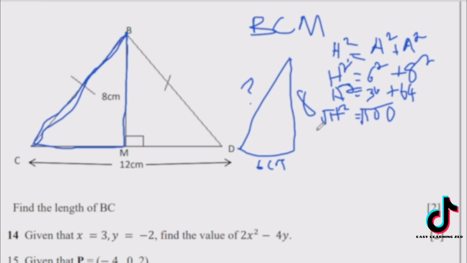Then when we do that, h squared gives us h. Then the square root of 100 is 10. So the length of BC is 10 centimeter.